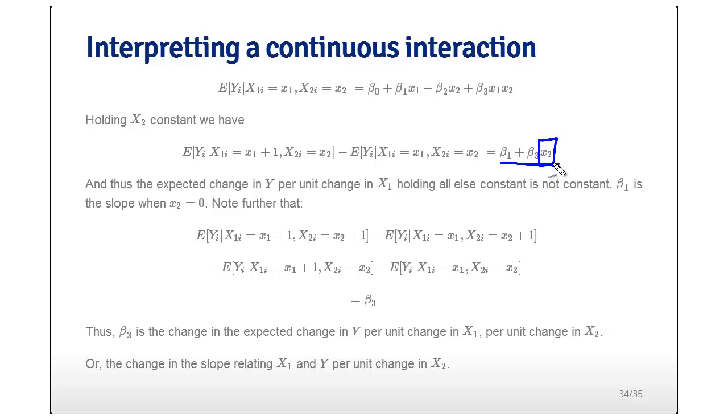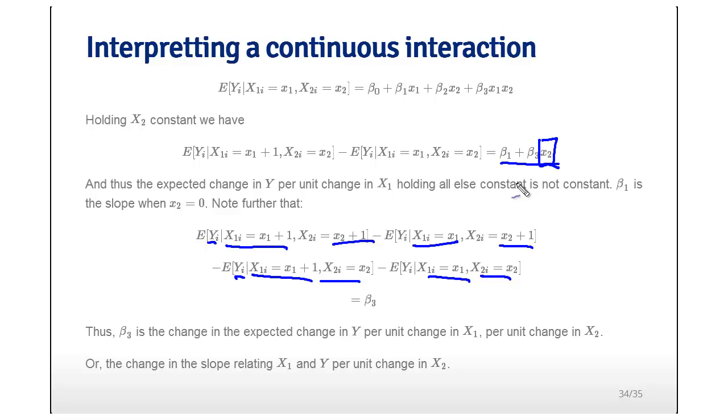Okay. So, but notice we can get an interpretation for beta 3. We can take the change in the expected value of y given a 1 unit increase in x1, where x2 is held at x2 plus 1, versus the expected change in y for a 1 unit change in x1, given that x2 is held at x2.